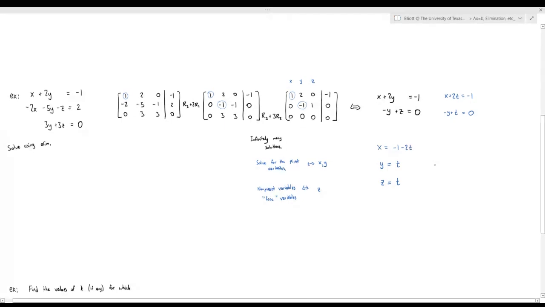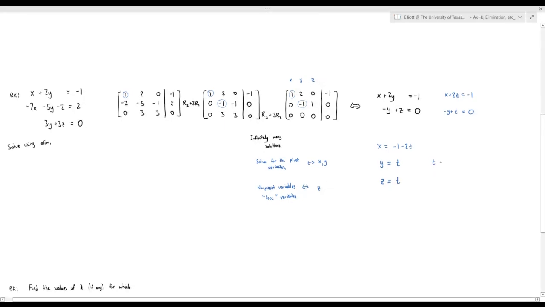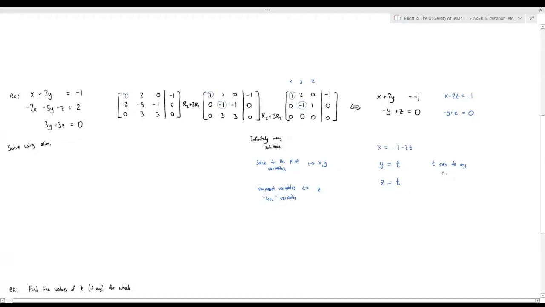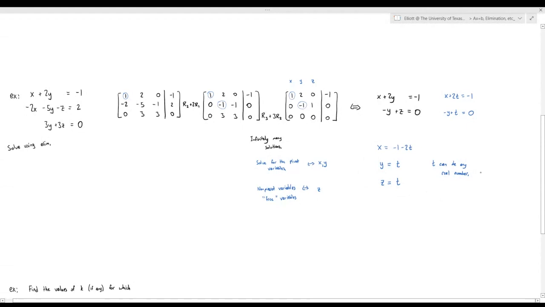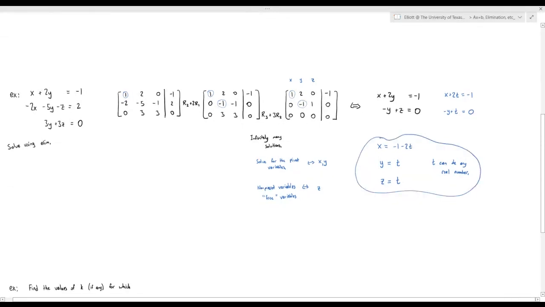So then t can be any real number. So the idea is you get one solution for each possible value of t. So therefore, there's infinitely many solutions since there are infinitely many possible values for t, okay?